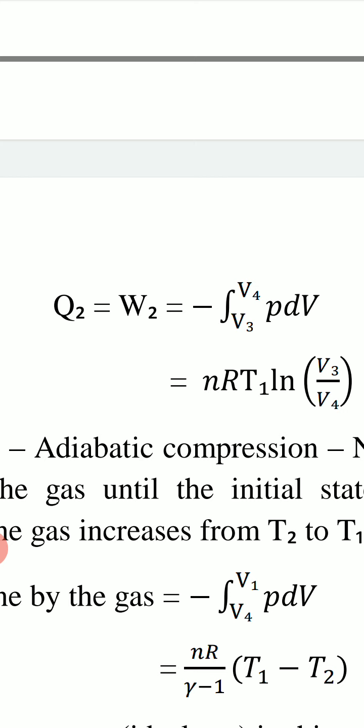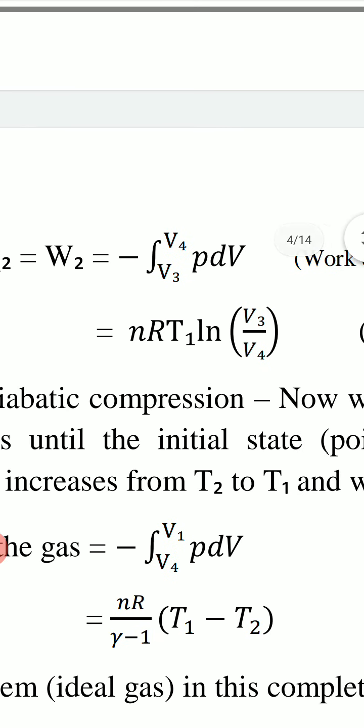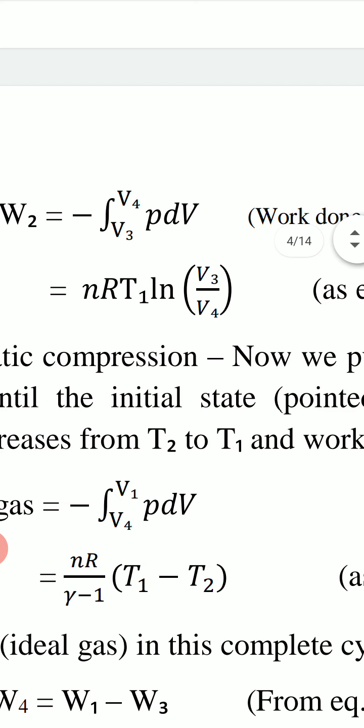So work done on the system W3 equals minus integral PdV, and limits of V are V3 to V4. This integral can be calculated as we have calculated previous integrals, and it comes out to be equal to nRT1 log V3 upon V4.